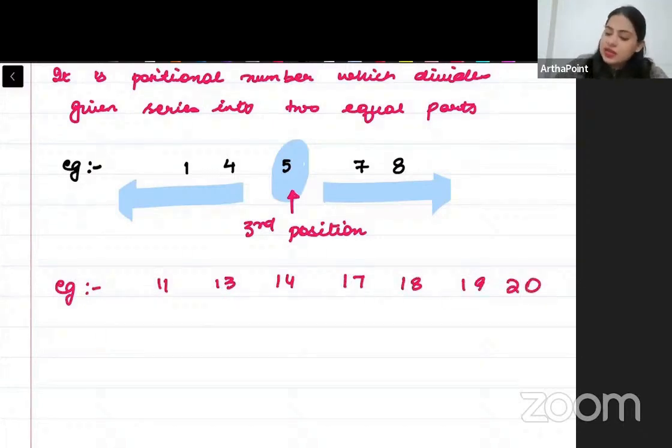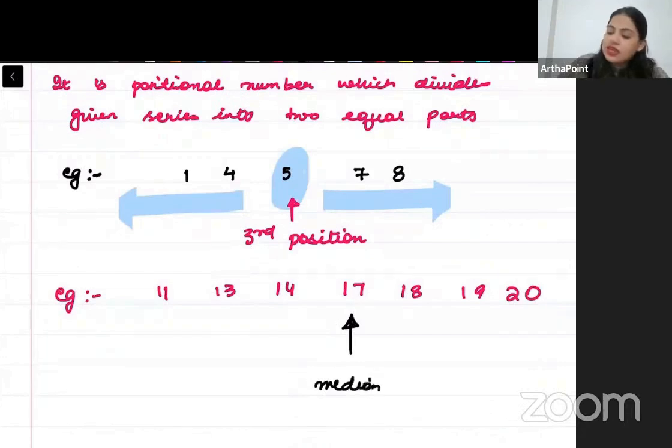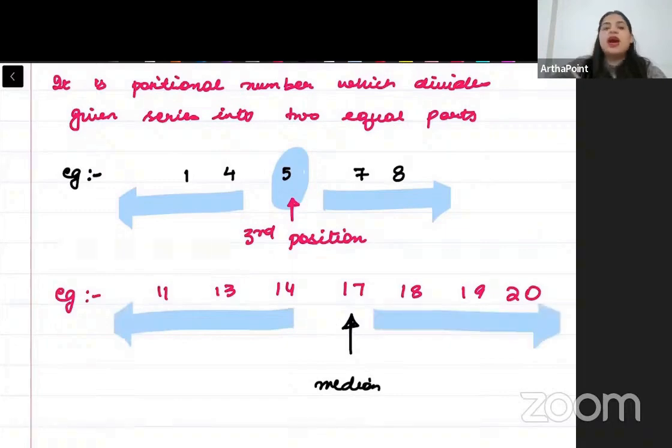Then beta, this number 17 will be my median. I have exactly 3 numbers below 17 and exactly 3 numbers after 17. So this 17 will act as a median to my data set.